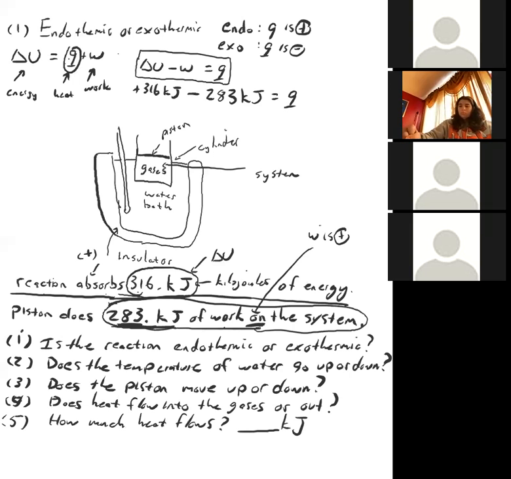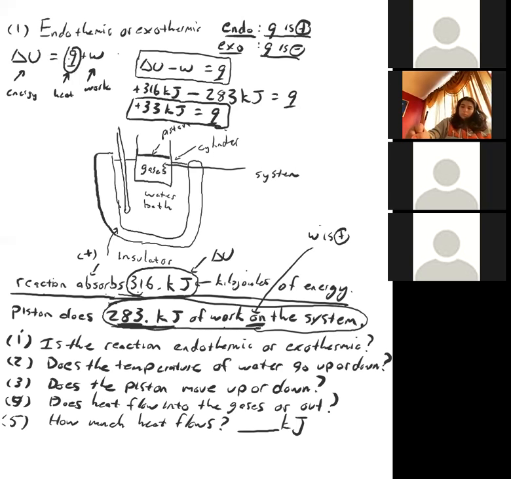Now we just do the arithmetic. That would be what? 17 plus 16 is 33. That would be 33 kilojoules. Positive, because 316 is greater than 283. And there's your answer for, this is actually the answer of number 5, but it also gives us the answer for number 1, because the question is Q positive or negative, right? Endo is positive, exo is negative. Well, it's positive.